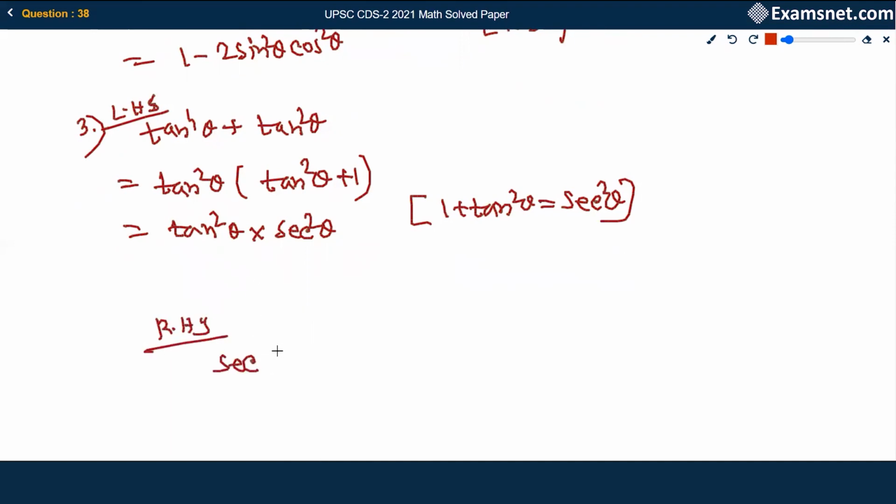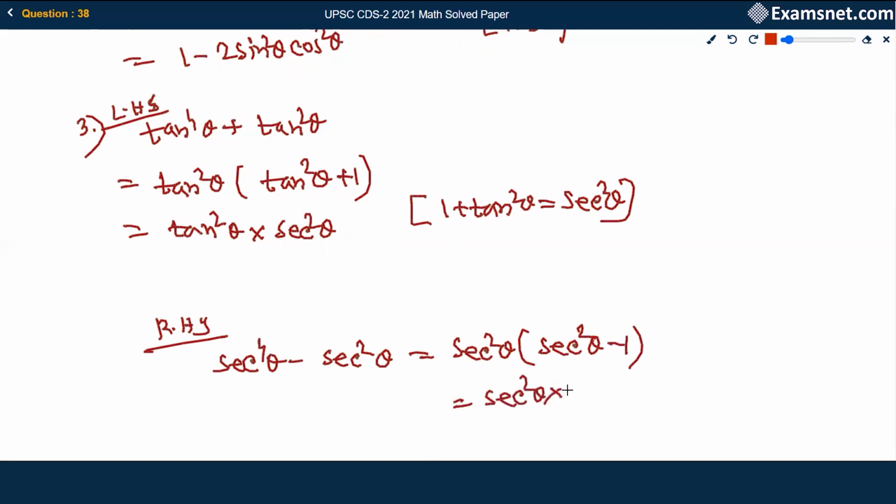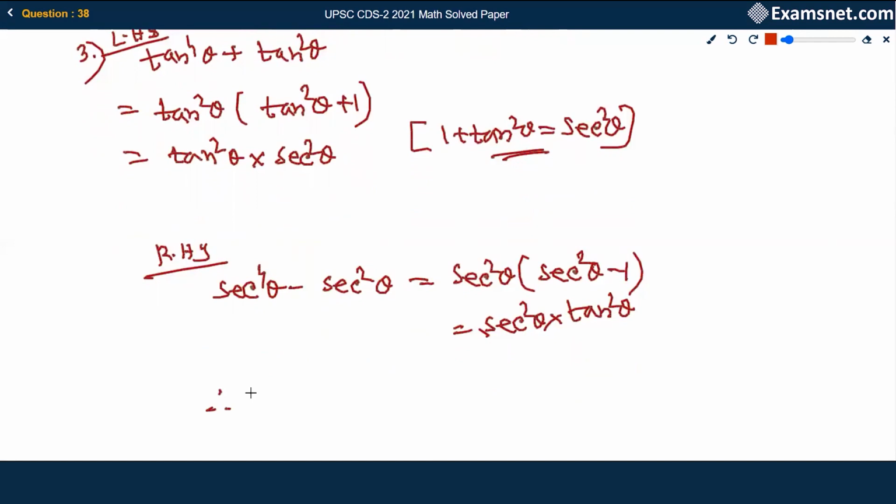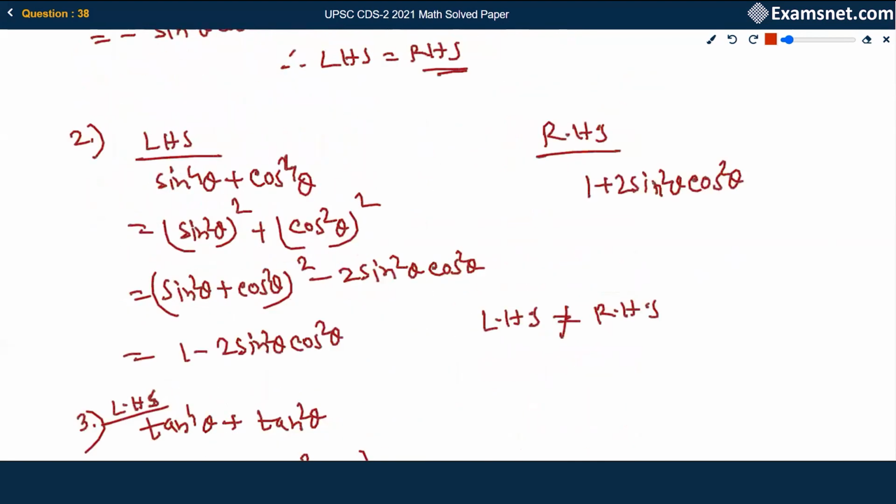Sec to the power 4 theta minus sec square theta. After taking sec square theta common, sec square theta minus 1. That also gives us, from these identities, tan square theta. So we can see both are giving us tan square theta sec square theta. Therefore, LHS equals RHS. So the third identity is also true.